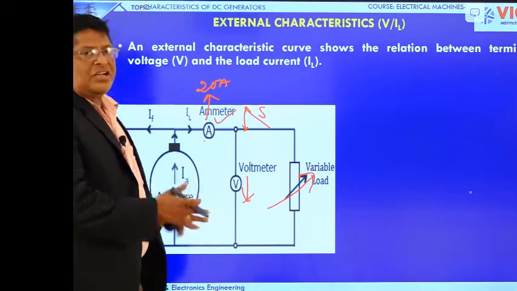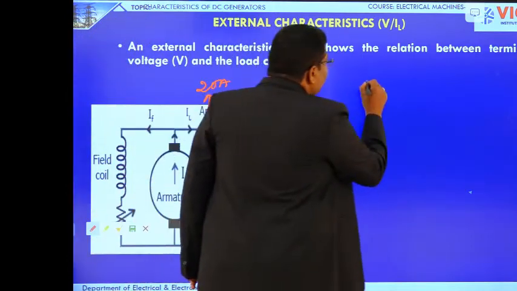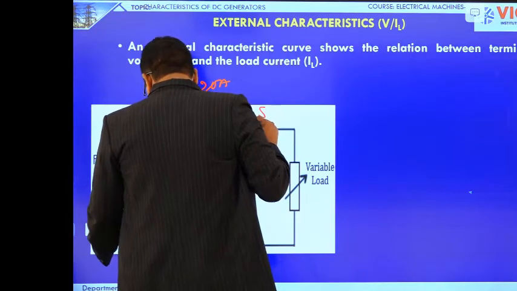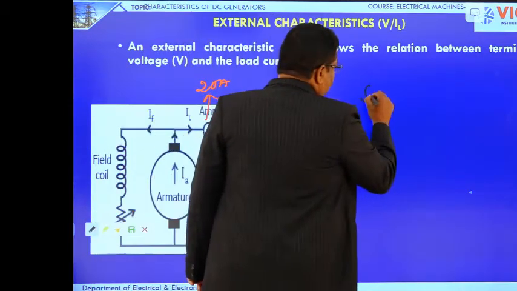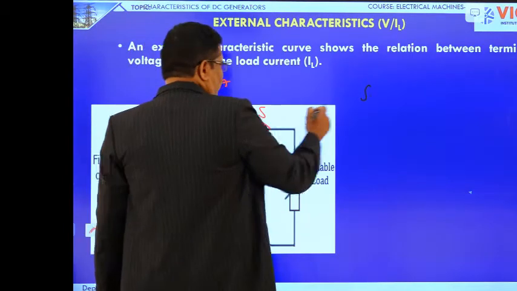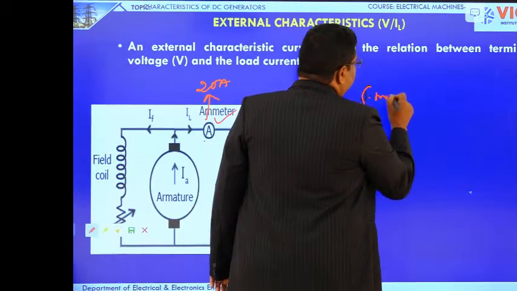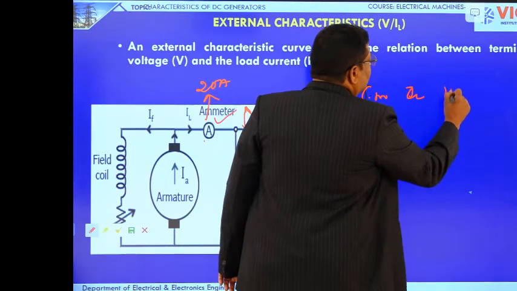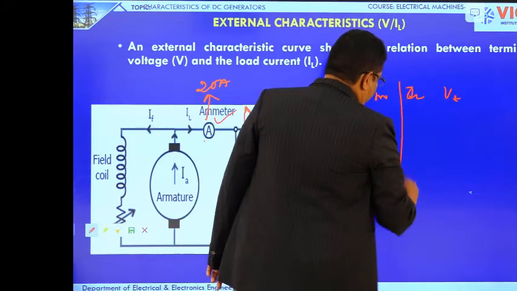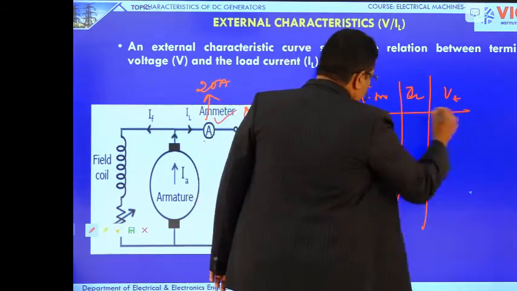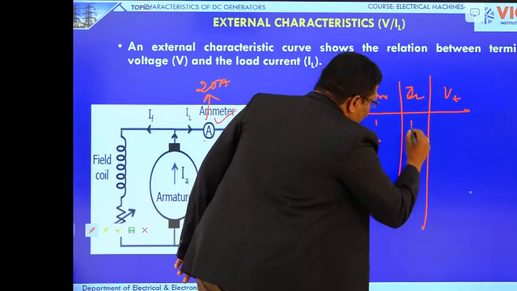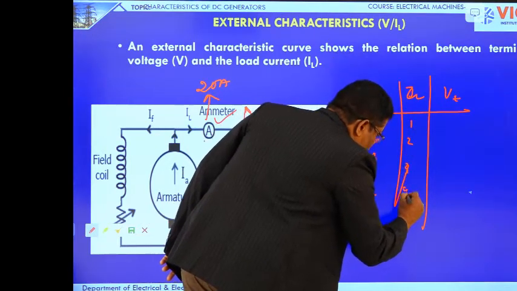In this process, at every step, we have to note down a table: serial number, load current, and terminal voltage VT. Serial numbers 1, 2, 3, 4, 5, with load currents 1 ampere, 2 amperes, 3 amperes, 4 amperes, 5 amperes.